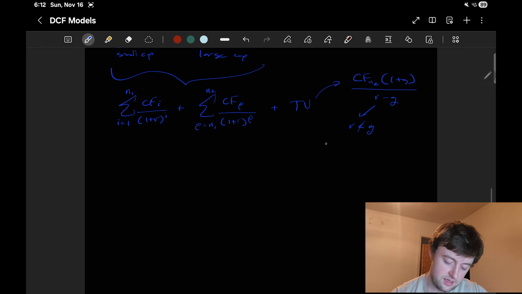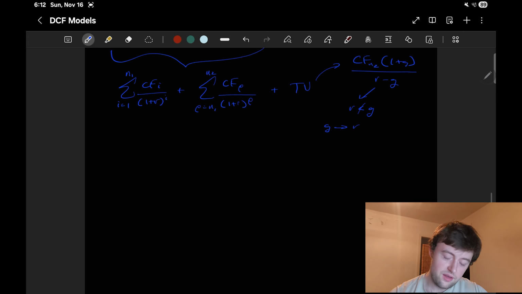Alternatively, let's say our G approaches R, so they're very, very similar. Well, now this value might break down into nonsense, because as G approaches R, let's just write this out like so. The limit of R minus G is going to be 0, right?